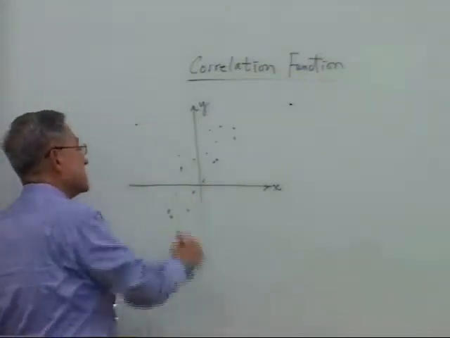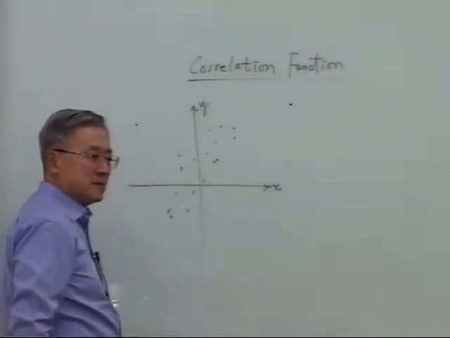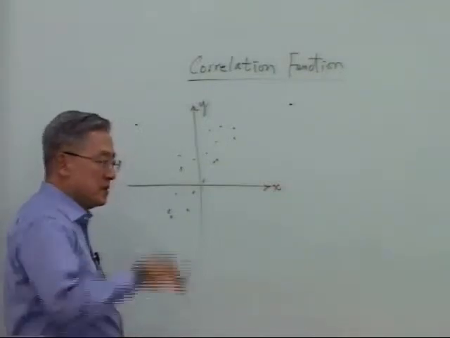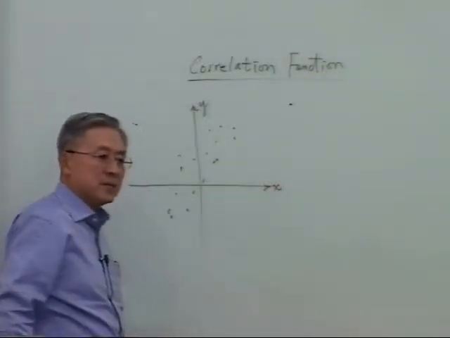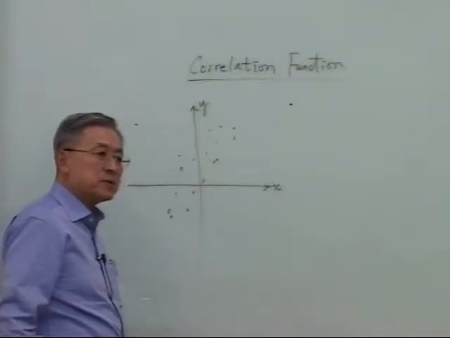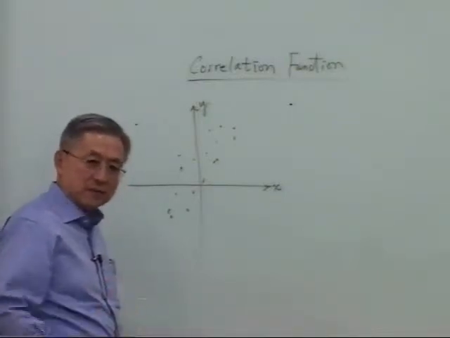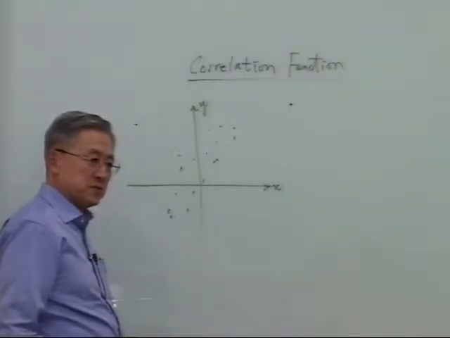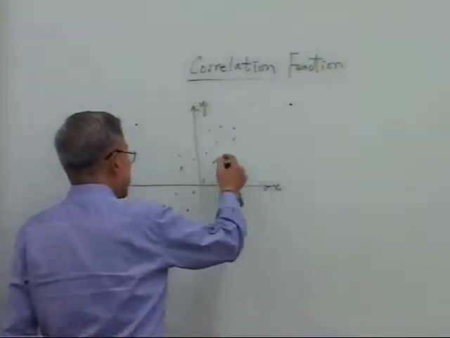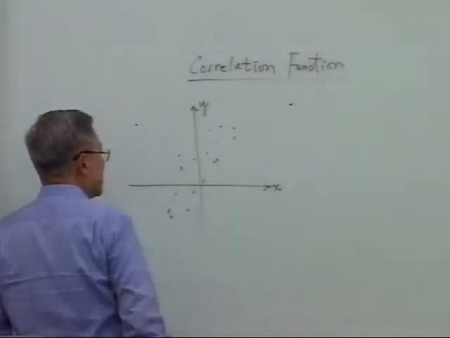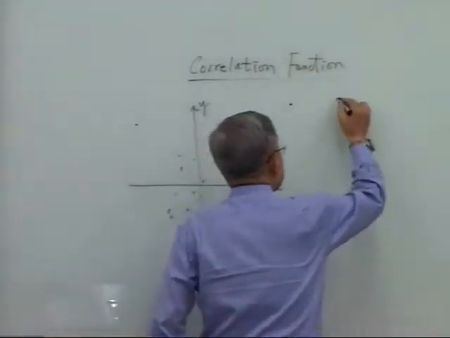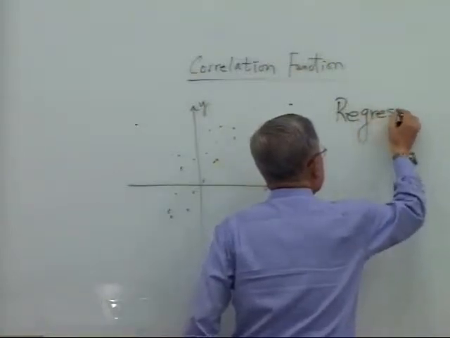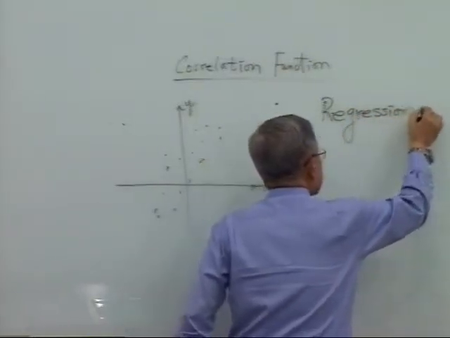So to develop the analytical model or probability model, you have to have a continuous function for this. So let's say I want to have a regression line.